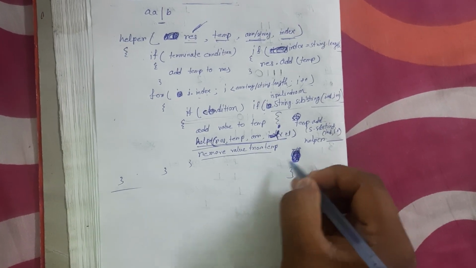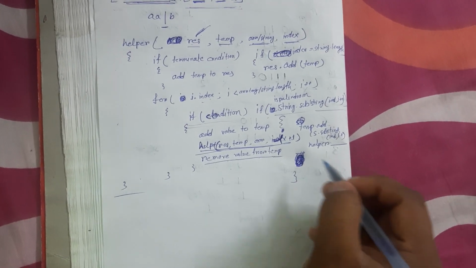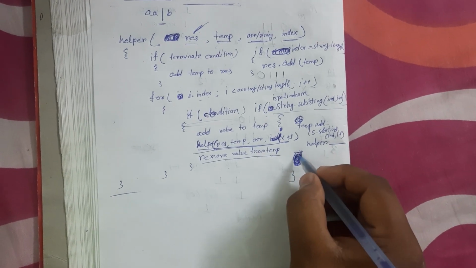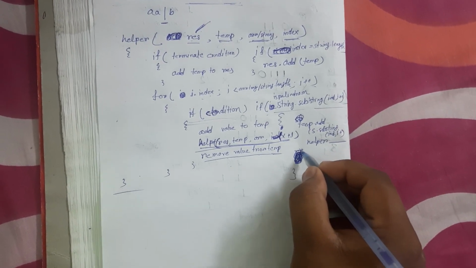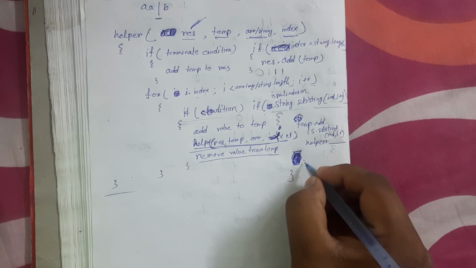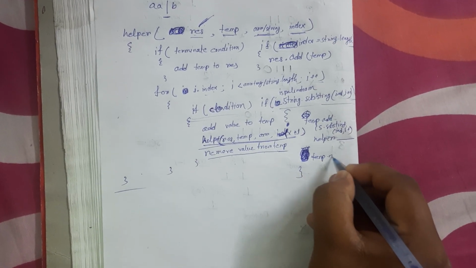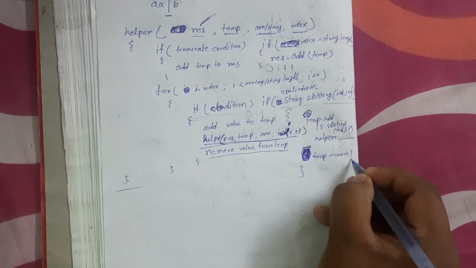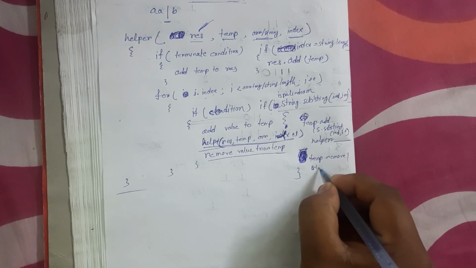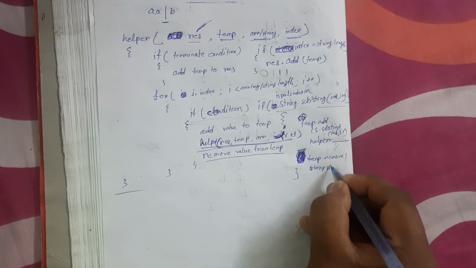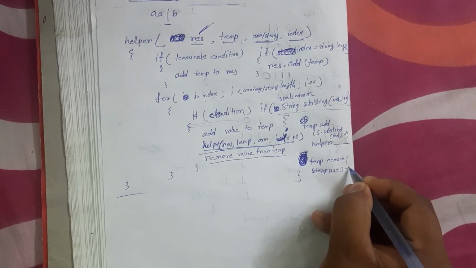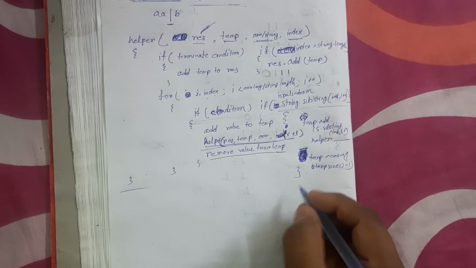This value has been stored at the last index of that list, so we will remove that. How can we remove it? Just temp dot remove temp dot size minus 1. So this way we can remove it.